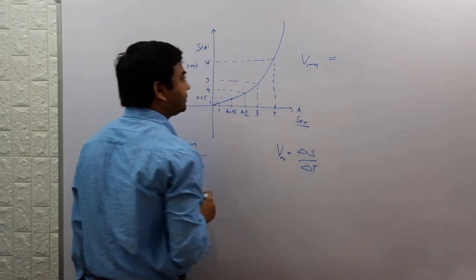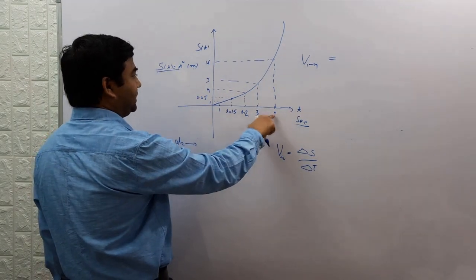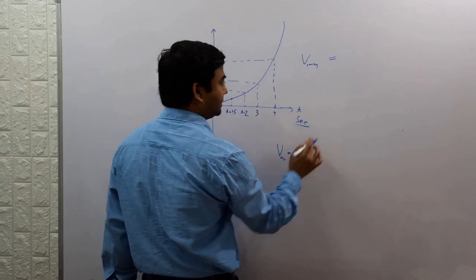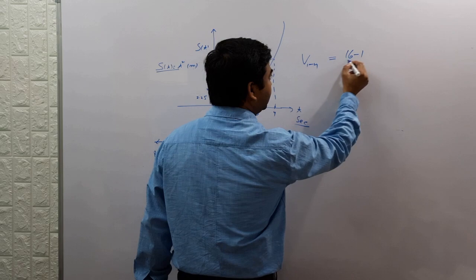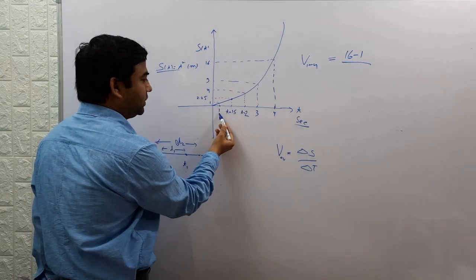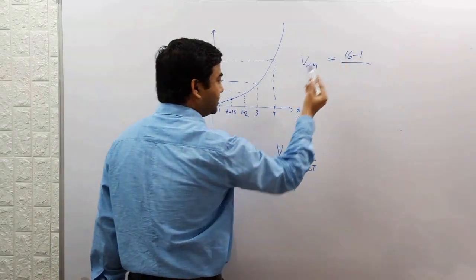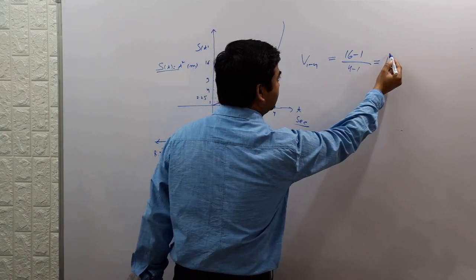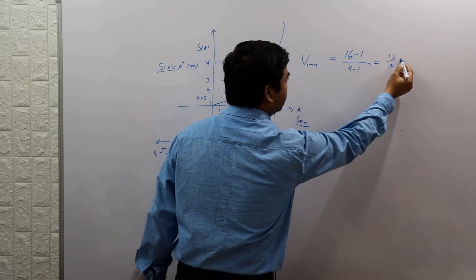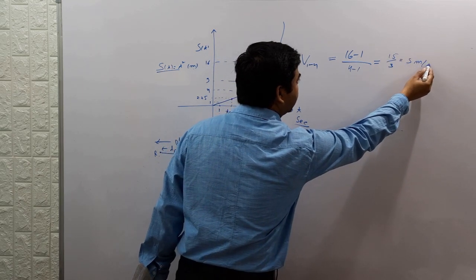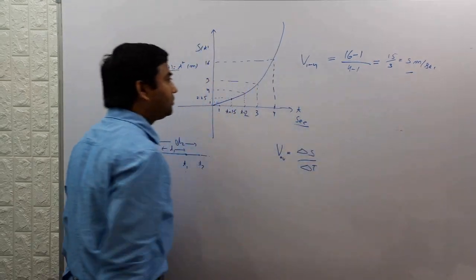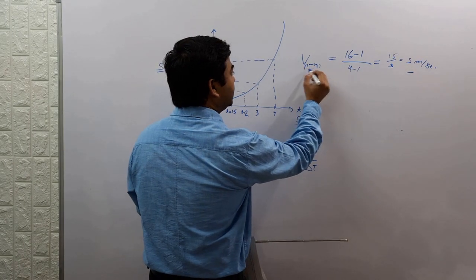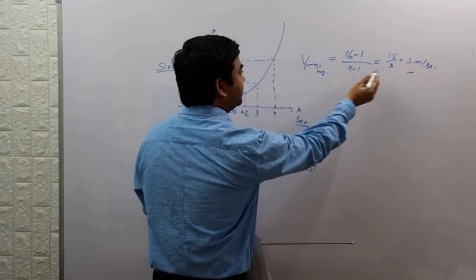This will be displacement at 4, 16, minus 1, is 15, that is delta s, the displacement covered from time t equal to 1 to time t equal to 4, and the time interval is 4 minus 1, which is 3. 15 by 3 is 5 meter per second. So the average velocity between t equal to 1 and 4 is 5 meter per second.